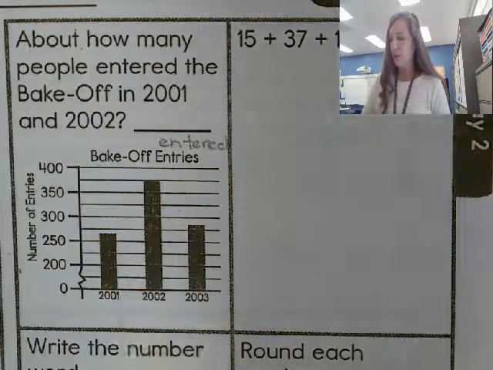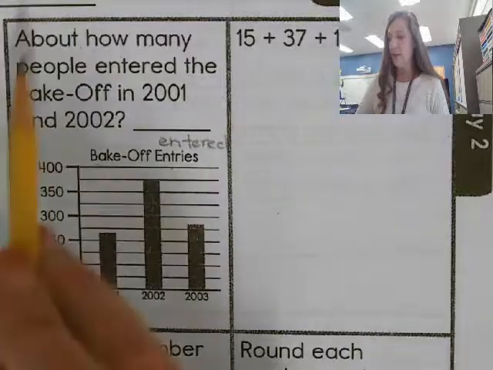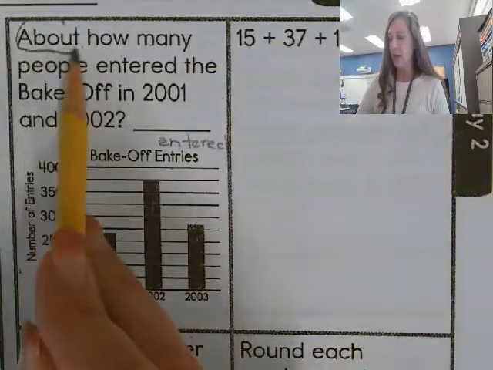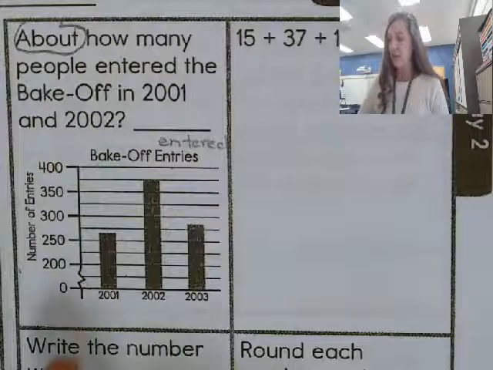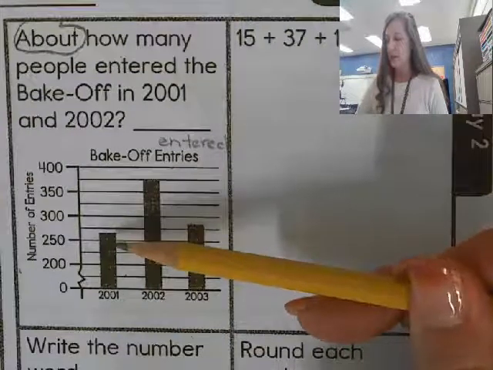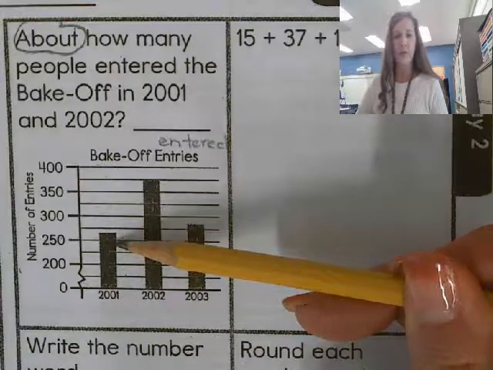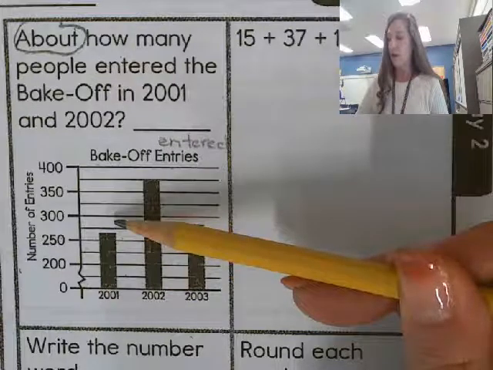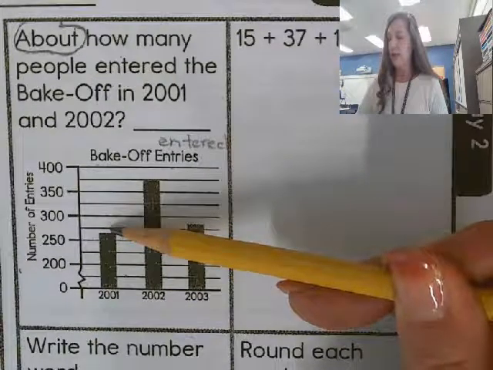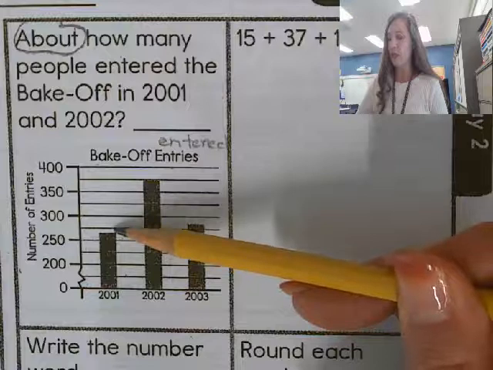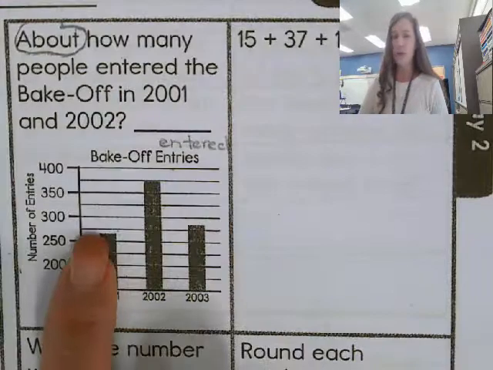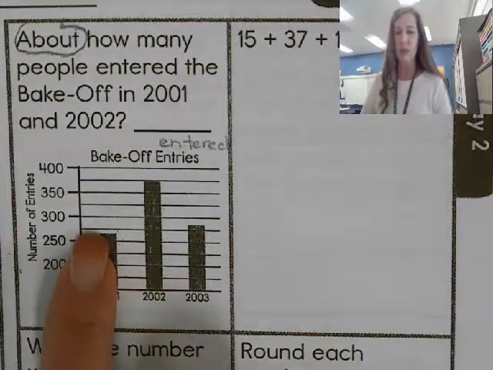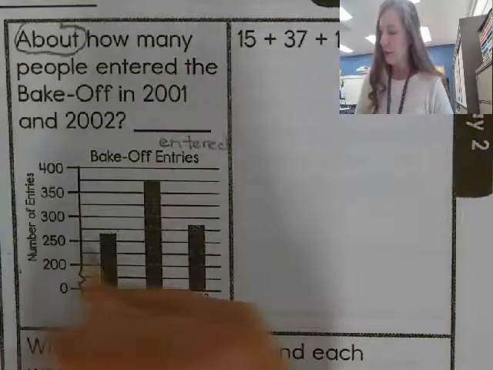If you'll notice, it says about here. That is because this bar is not exactly on 250, but it's also not exactly on 300. It's in between those, and it's not even touching the next interval, which would be 225, which is in between our 50s.